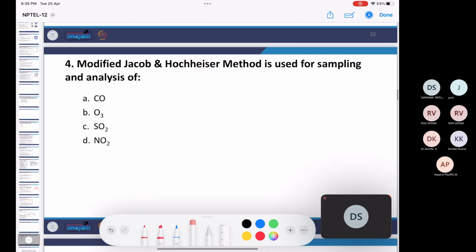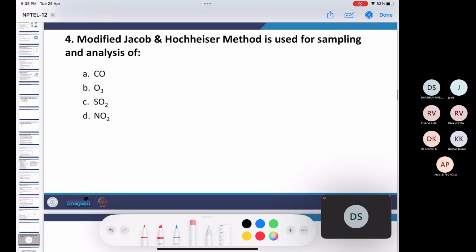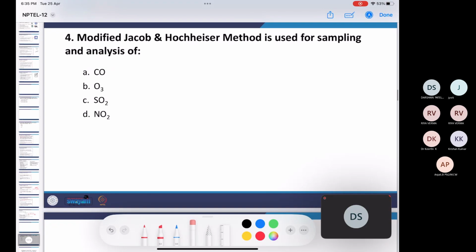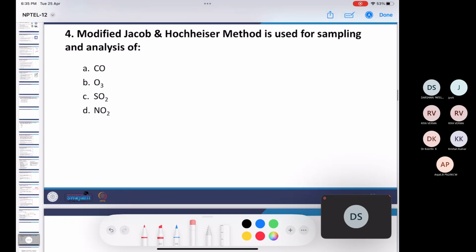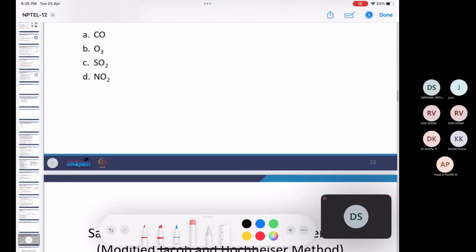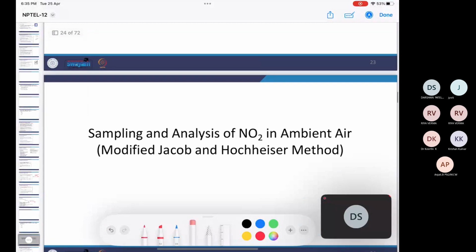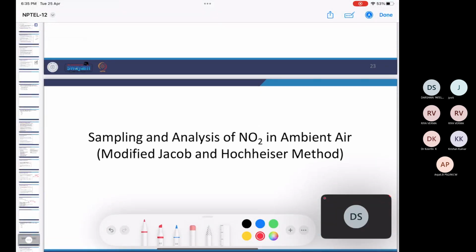Why do we use this modified Jacobs and Hochheiser method? Okay, so this is used for the sampling and analysis of NO2 in the ambient air.